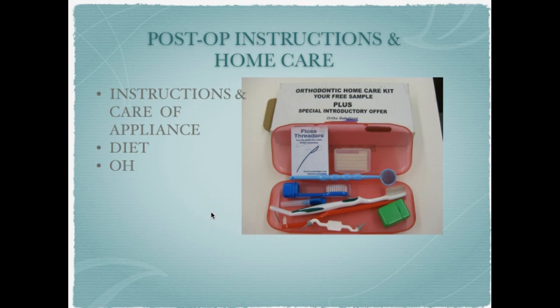Sometimes with some of the appliances, they may have to use wax just because of the position of the appliance, the structure of their tissue. And so post-op instructions and home care are very important for the success of the orthodontic patient.